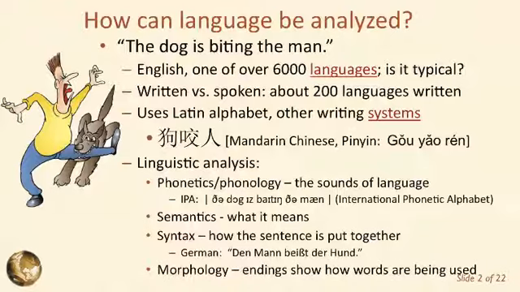And how can we tell? Well, we can tell by morphology. Morphology is how endings are used in languages. So if you look at the German sentence, den Mann, der Hund, both of those are masculine nouns, and you have different versions of the definite article the. In the case of man, you have den Mann.